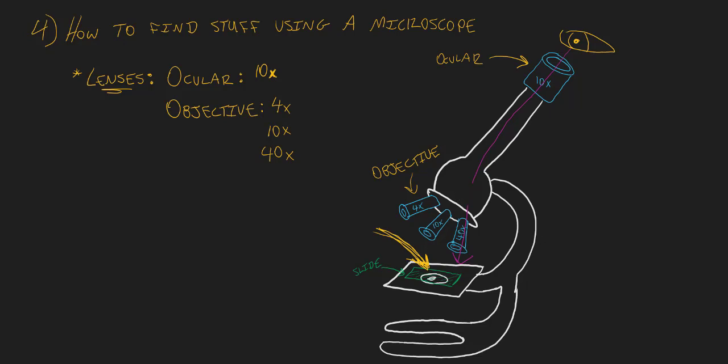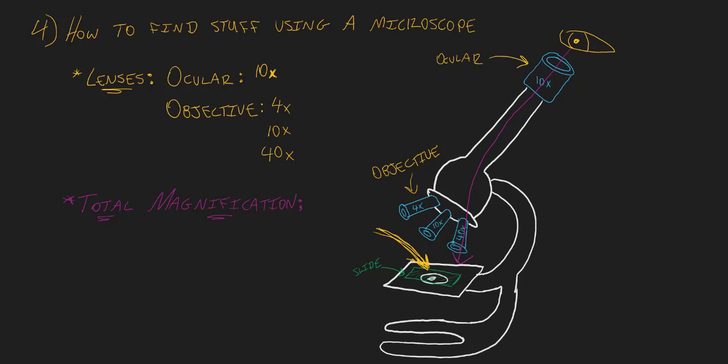The next thing you need to understand how to do is to calculate what's called your total magnification. Your total magnification is going to be a combination of the effects of your ocular and objective lenses.